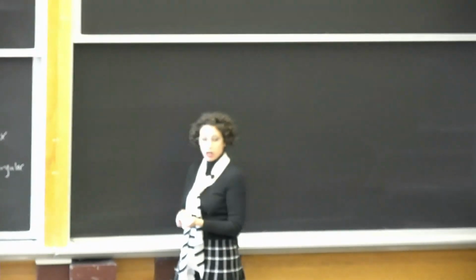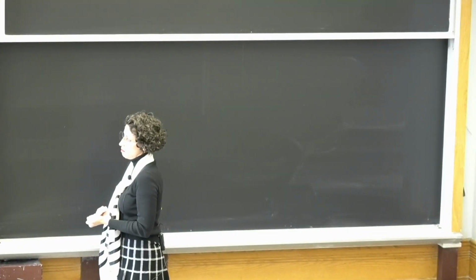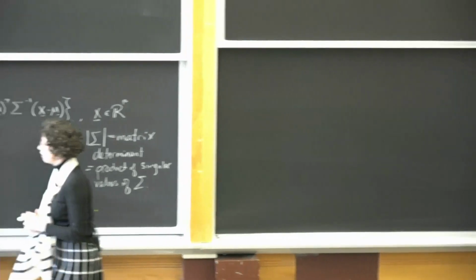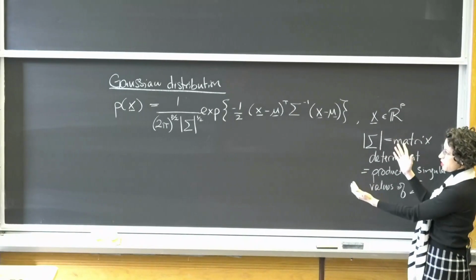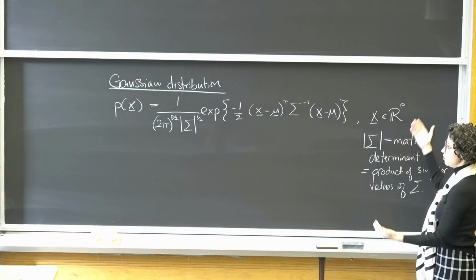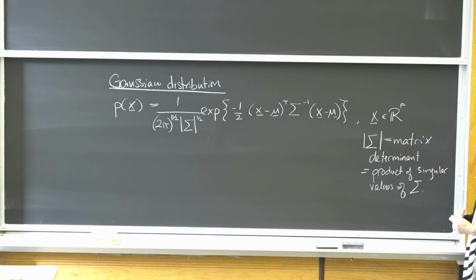Okay, so we're not going to talk about how to compute the determinant beyond the product of the singular values. But this is the expression for a Gaussian distribution in p dimensions, whatever value of p you want to use.